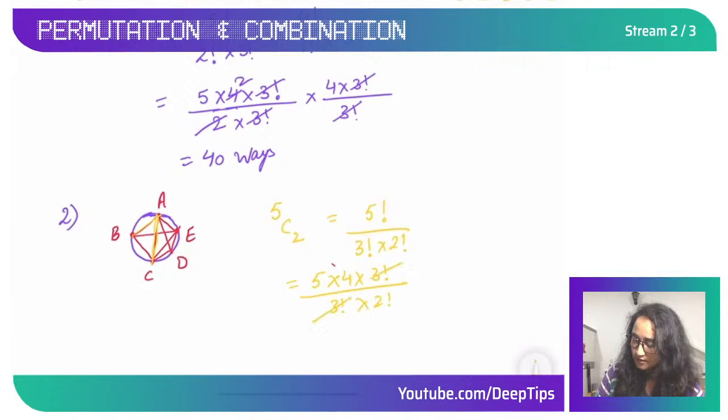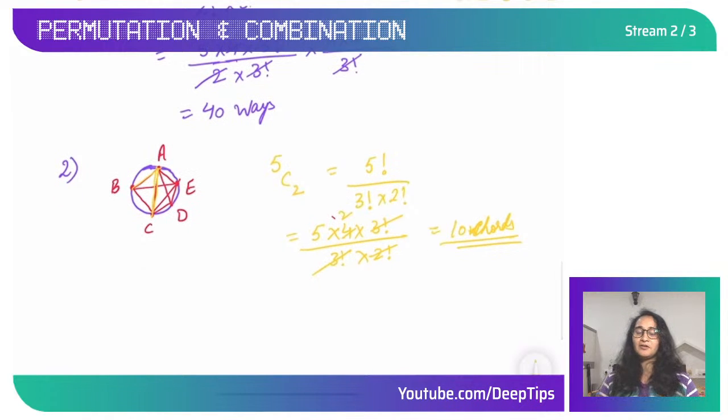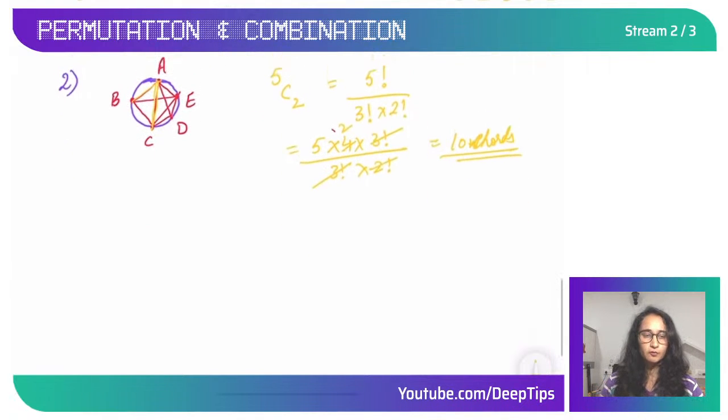So the 3 factorials get cancelled. I know 2 factorial is 2 into 1. So 2 2s are 4. So there are 10 chords that can be drawn when 5 points are marked. Now if I say 100 points are marked, how many chords can be drawn? It's just a matter of seconds for you to calculate, right? So this is how we solve these kinds of questions using combination.